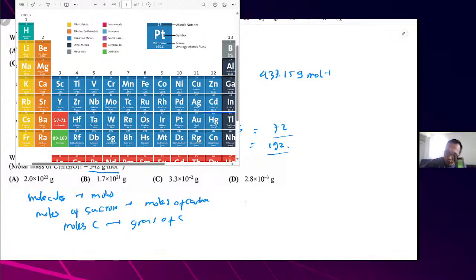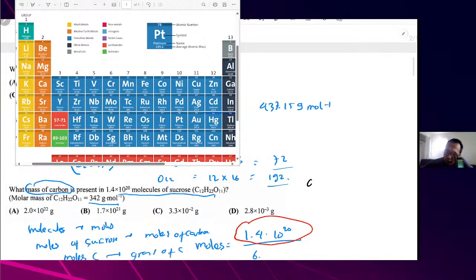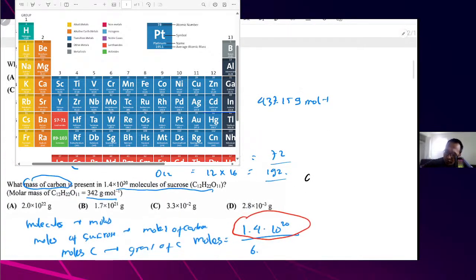Moles of sucrose is 1.4 times 10^20 divided by Avogadro's number, 6.022 times 10^23. So this one should be moles. The total number of atoms is this one, like we did before. Remember, number of atoms is Avogadro's number times moles.